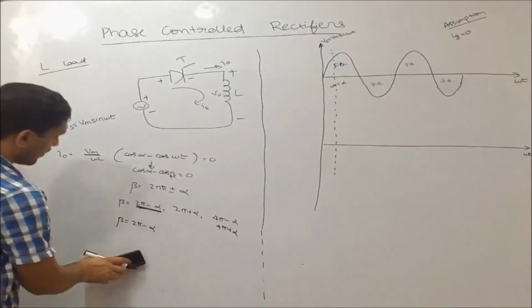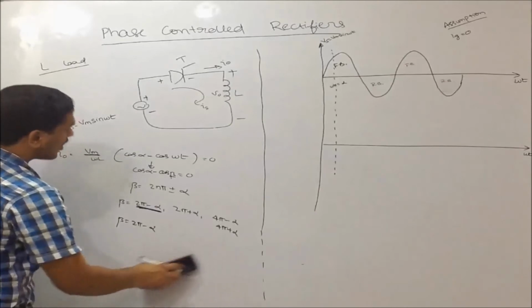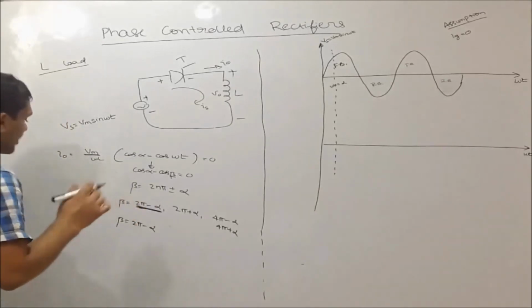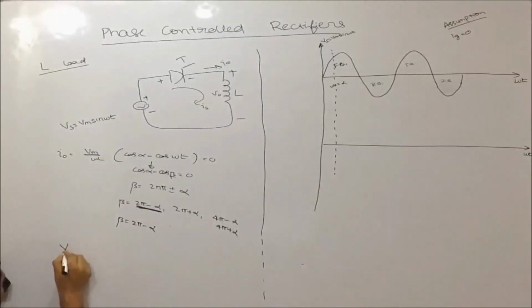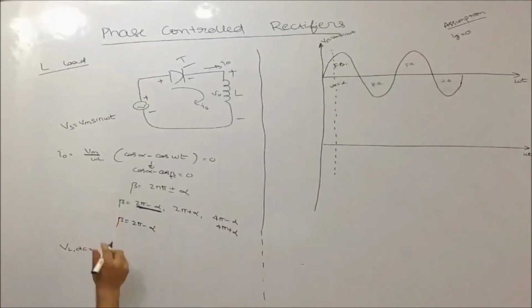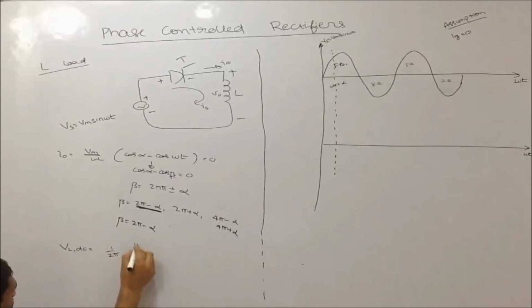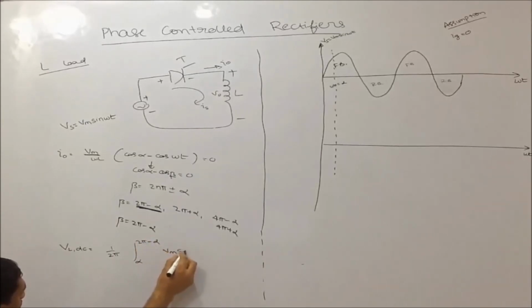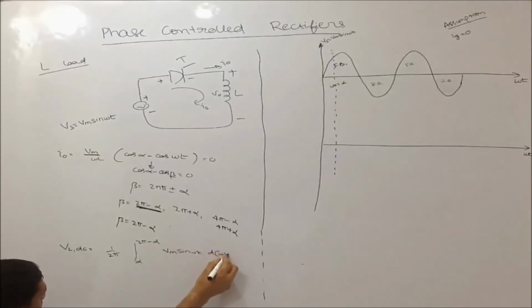2 pi minus alpha. And also I have told you one thing. The average voltage across inductor is 0. And I have the conduction from where to where? Alpha to 2 pi minus alpha, Vm into sin omega t d omega t.